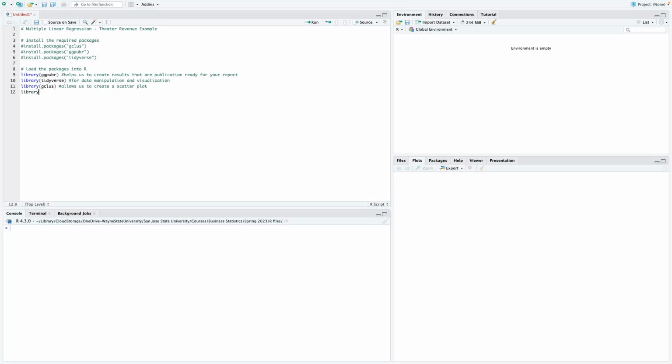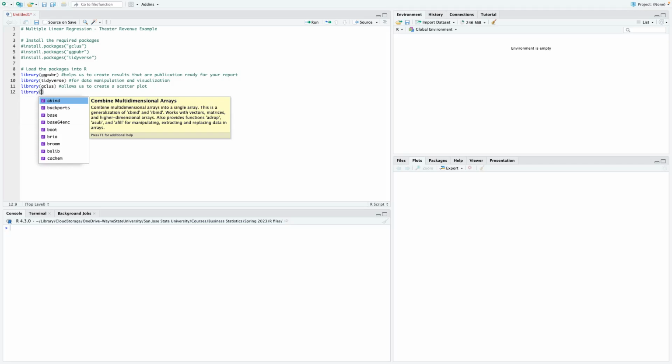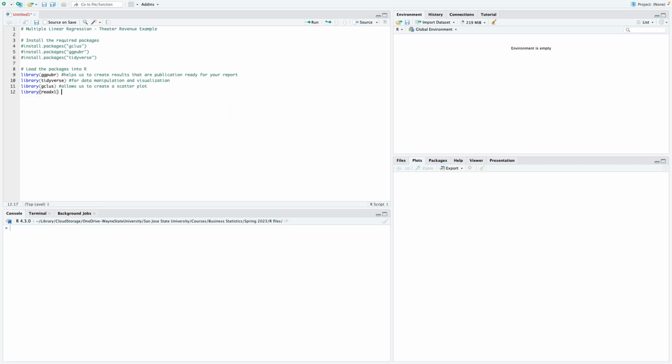And then the next one would be our readxl, right? Which I believe everybody should be familiar with because we've used this a lot in our analysis. And then finally is the theme_set, right?